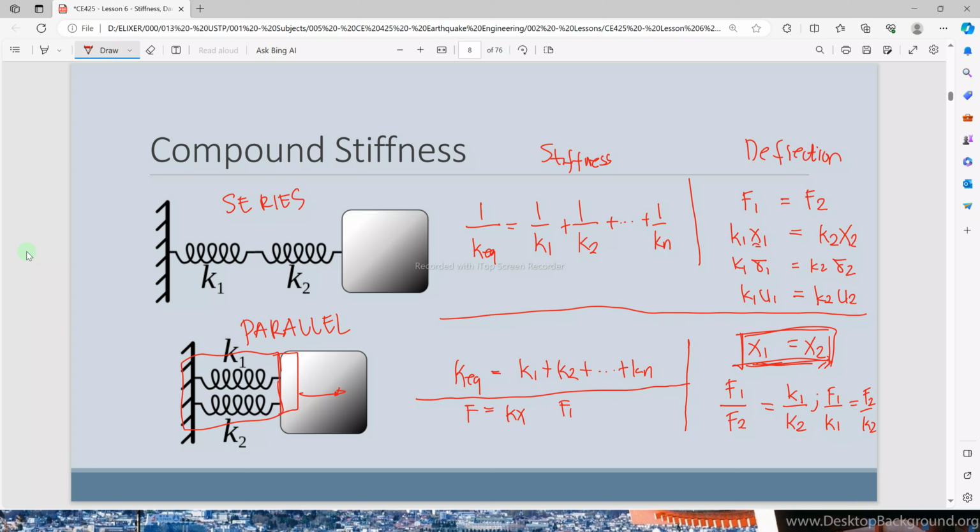Now, if we have two forces, we have F1 is equal to K1 x1 and F2 is equal to K2 x2. Since x1 and x2 are equal, diba? So we will have x1 is equal to F1 over K1, and x2 is equal to F2 over K2.